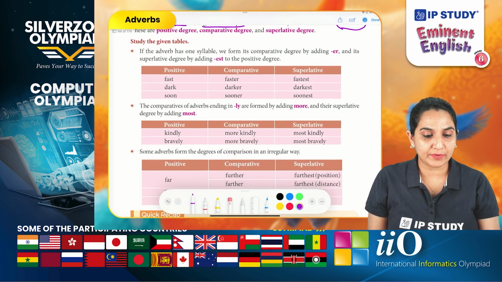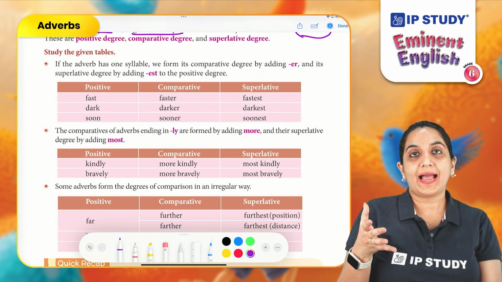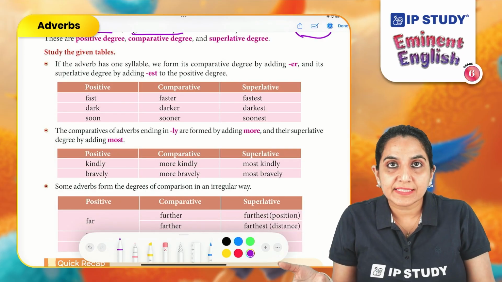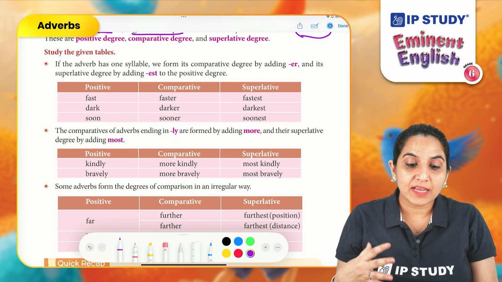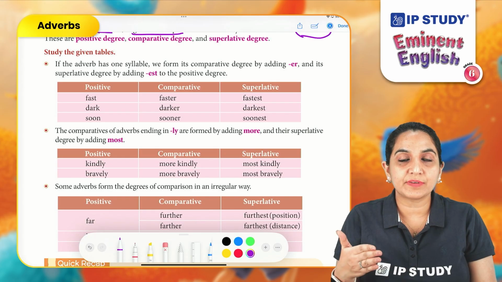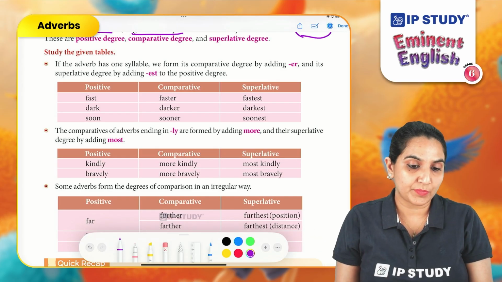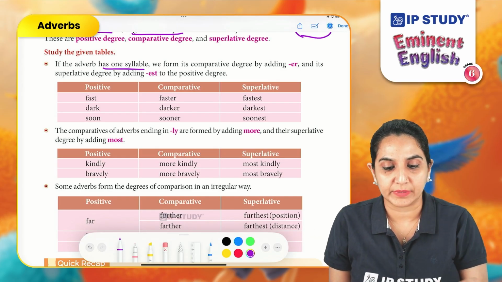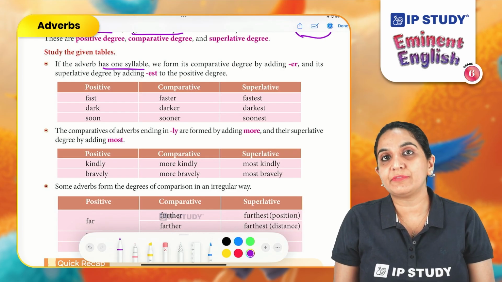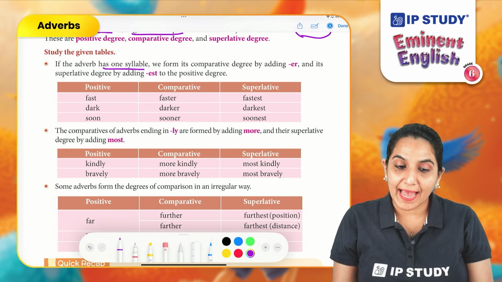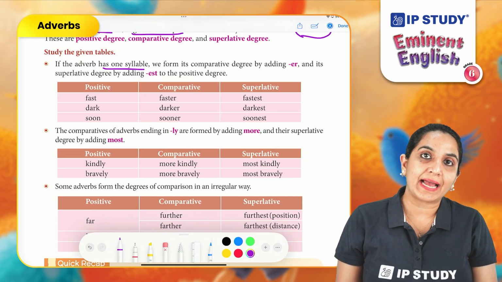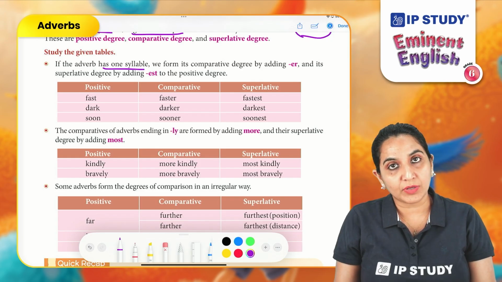Let us understand with this table how adverb modifies the adjective and how they are shown in positive, comparative and superlative degree. Now, if the adverb has one syllable, we form its comparative degree by adding er and its superlative degree by adding est to the positive degree.